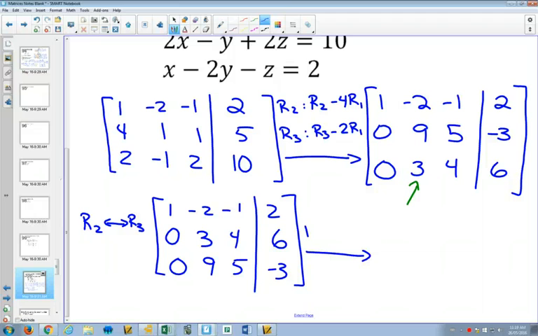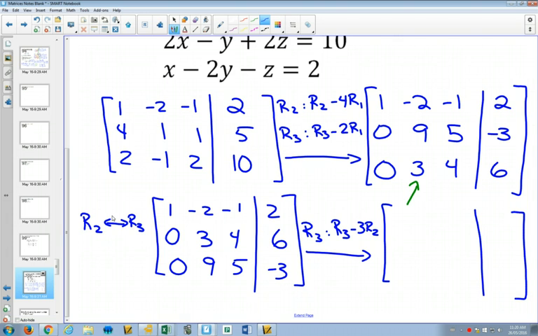So now I can take my new row 3, and I can take row 3 minus 3 row 2s. Well, row 1 still isn't changing. Row 2 isn't changing.